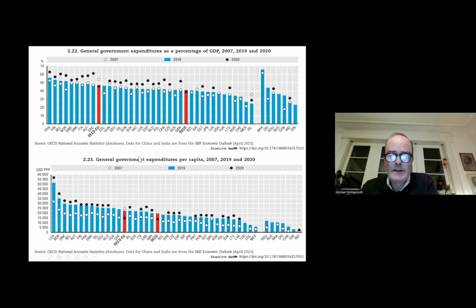But if you compare it to the population itself, so government expenditures per capita, the picture looks quite different. You see here Luxembourg, which has small government in relationship to GDP, has a rather large government in terms of expenditures per capita.